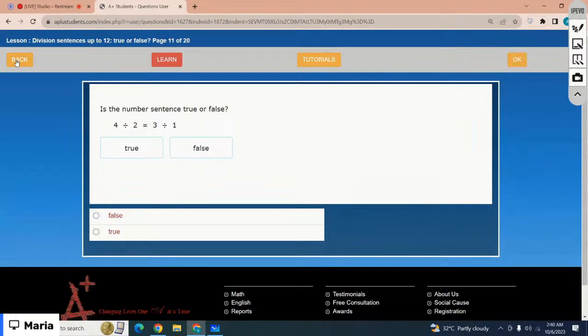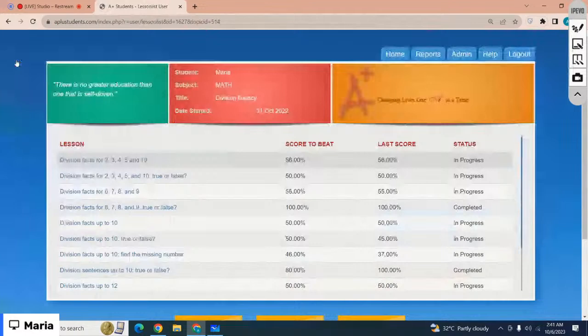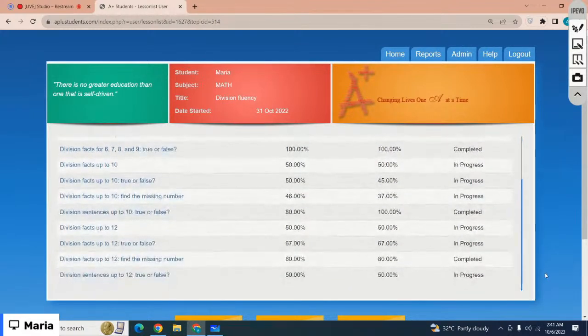So we were working on grade 4, grade 3 math. The chapter we were working on is division fluency. The lessons we have covered today are division facts up to 12, division facts up to 12 true or false, division facts up to 12 find the missing number, division sentences up to 12 true or false, right?